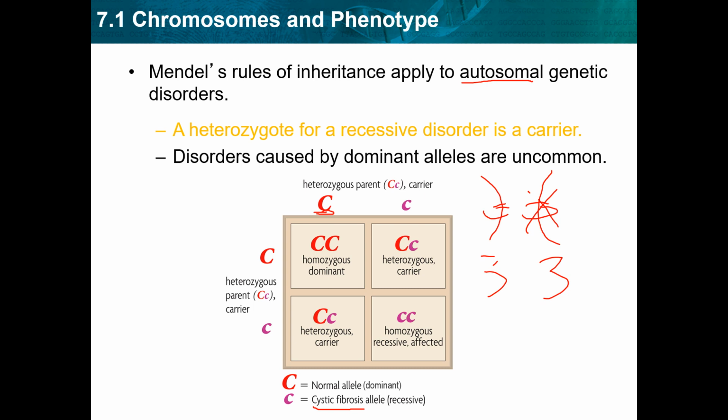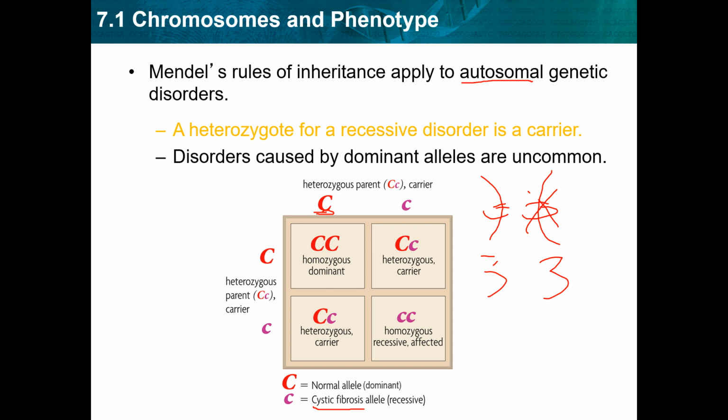So whenever they make their sperm and their eggs, there's a chance that that sperm or that egg is going to carry the lowercase c copy that can match up with another lowercase c copy from a different parent to create cystic fibrosis. So if you do the Punnett square cross here, there's a 1/4 chance you can get a homozygous dominant.